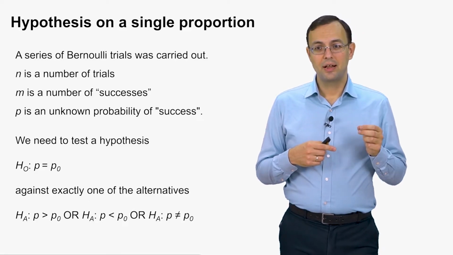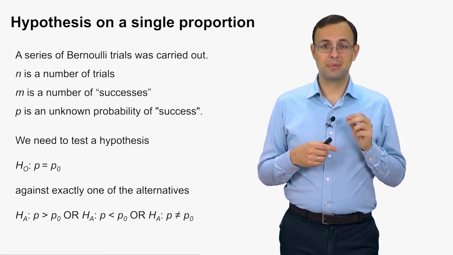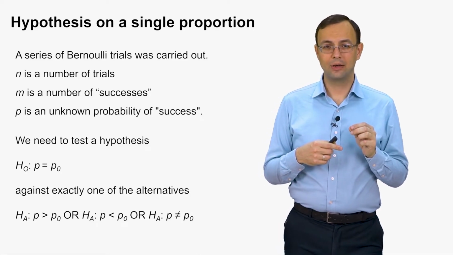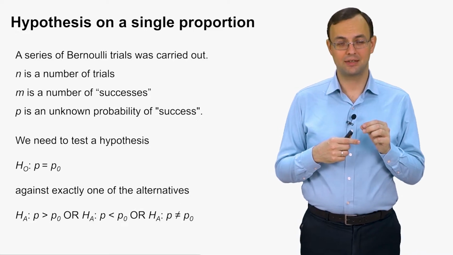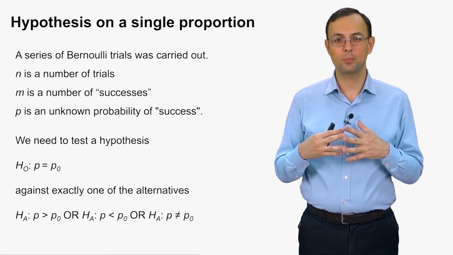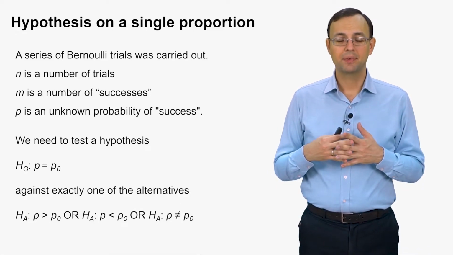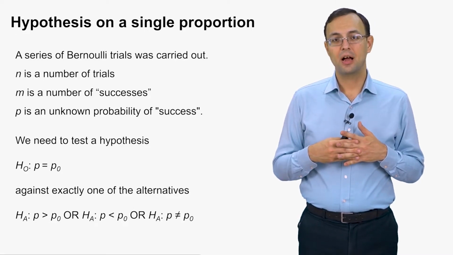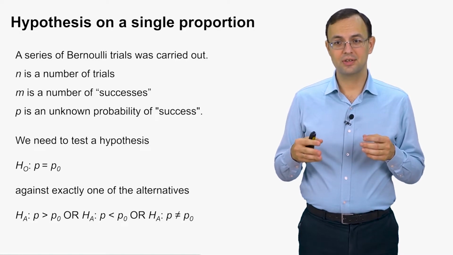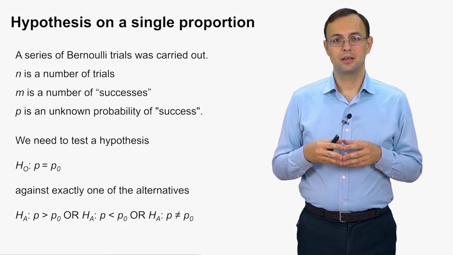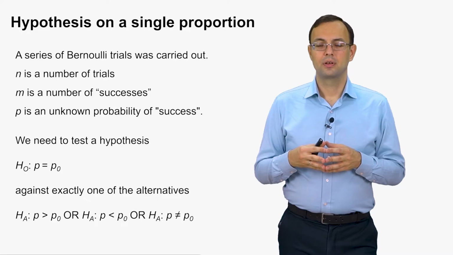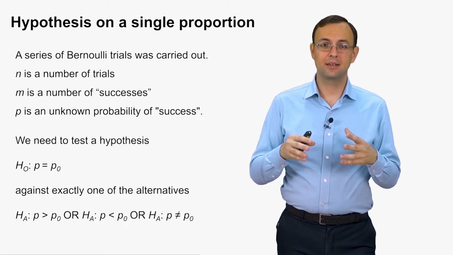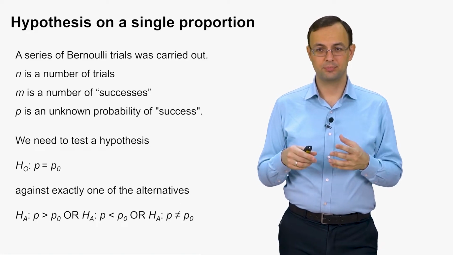As you remember, the null hypothesis must be a simple hypothesis, so only a hypothesis with equality is an acceptable option for the null hypothesis. Hypotheses with inequalities are composite ones, and that is why they can only be an alternative hypothesis in this problem.